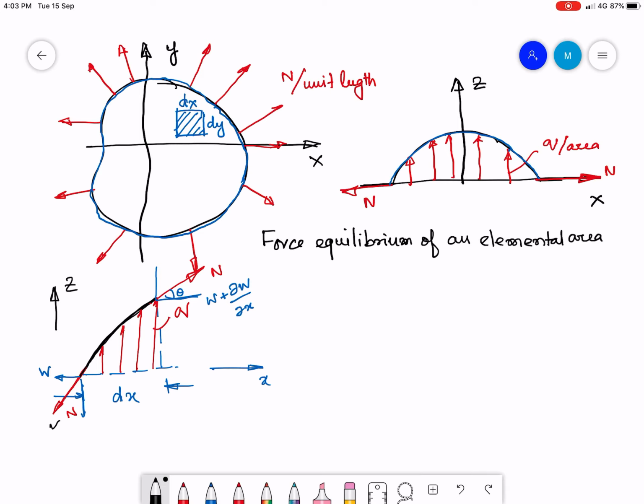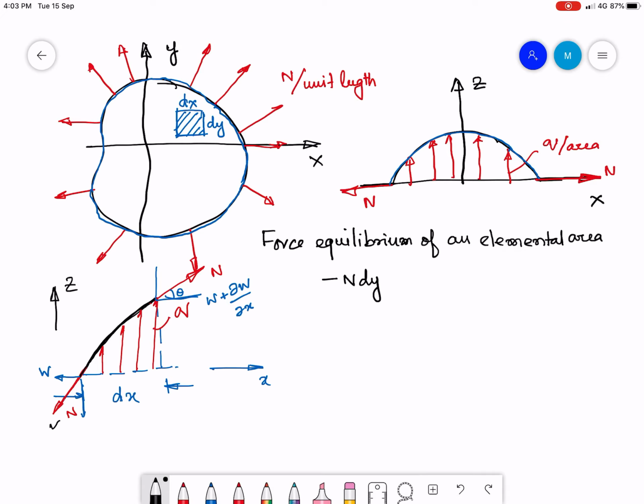So, I have that as minus n. N is the force per unit length. So, n into dy is the total force that is acting on the element in the given direction, and I have to find out the component of that force in the z direction.